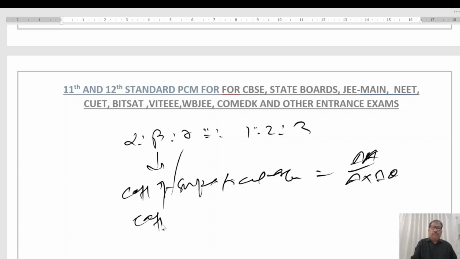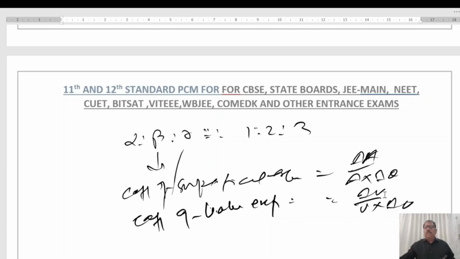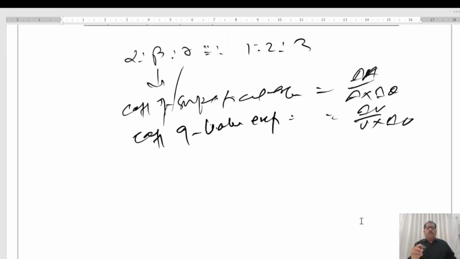Coefficient of volumetric expansion or cubical expansion is delta V upon V into delta theta. The ratio is this. For liquids, gamma R equals gamma A plus gamma G.